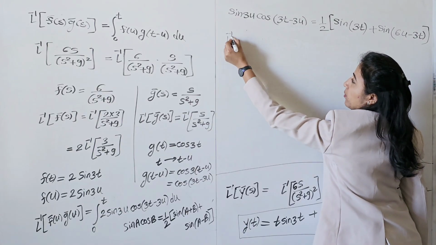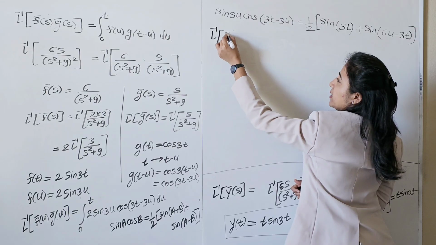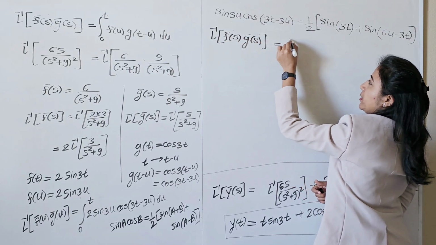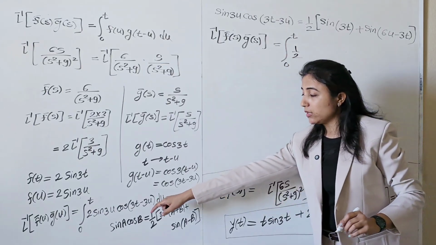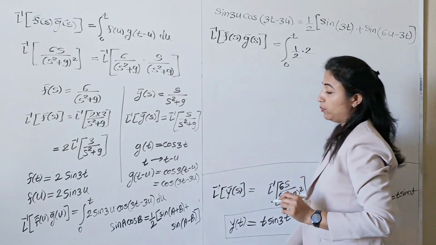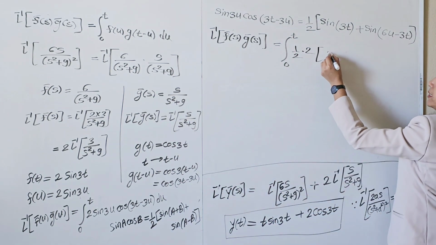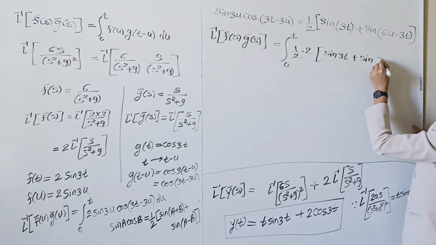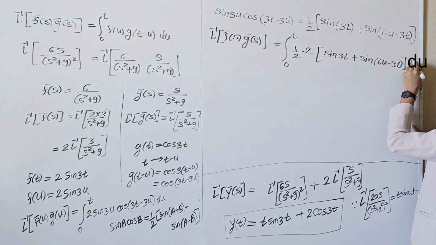So now put this value in the integration. So the left hand side is Laplace inverse of f bar of s into g bar of s, equal to the integral from 0 to t of 1 by 2, and there is already a 2 in the multiplication, so that 2 I will write as it is, and the product of sine into cos is sin 3t plus sin(6u minus 3t) du.